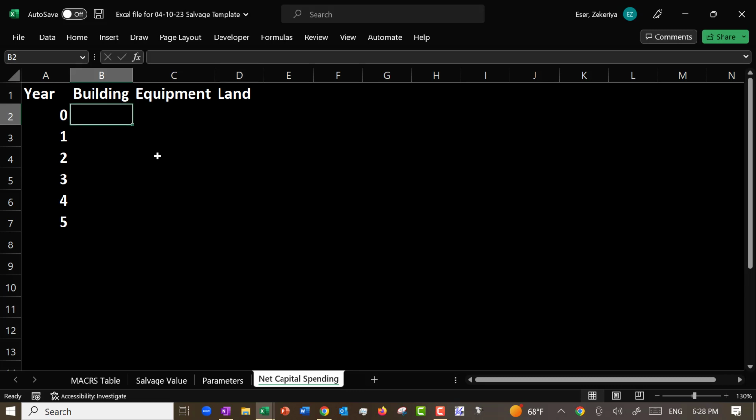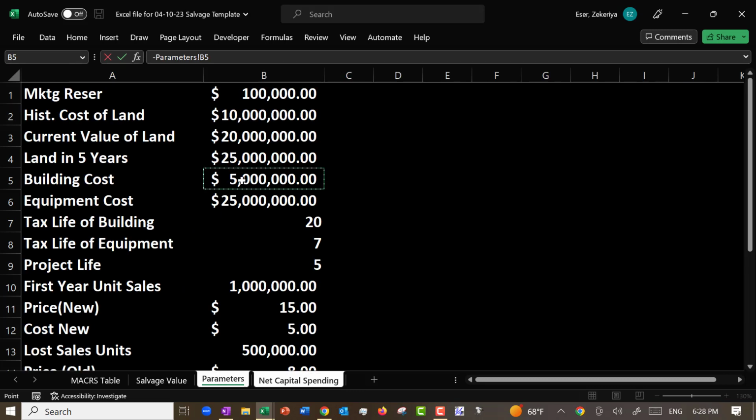That's obviously a cost that's relevant. So that's going to be negative building cost. All right. Same thing with the equipment.